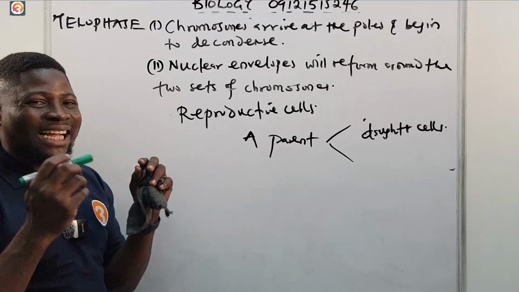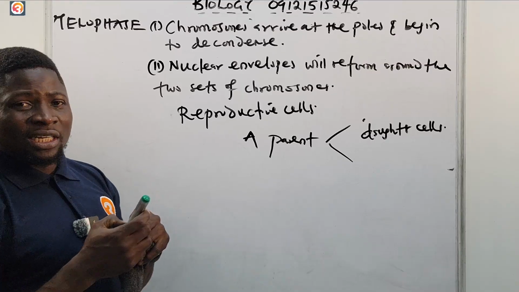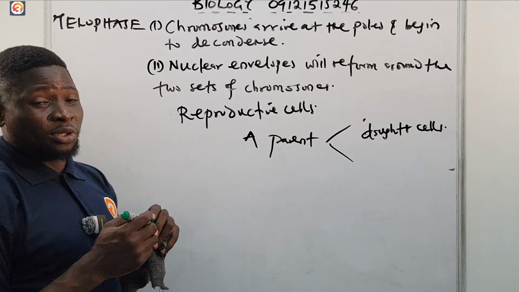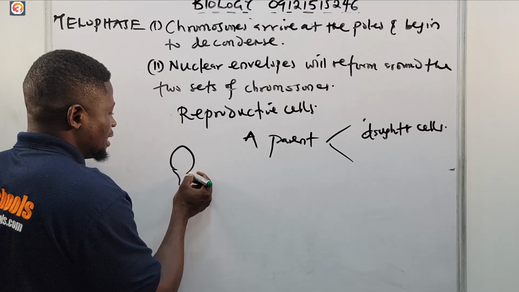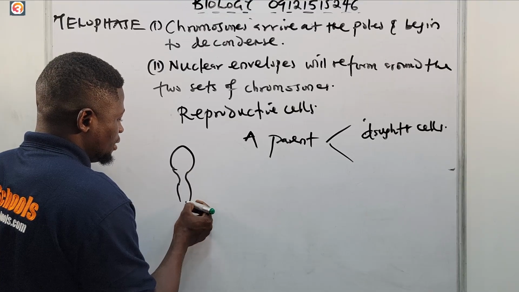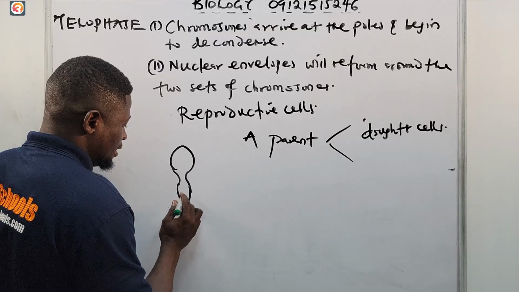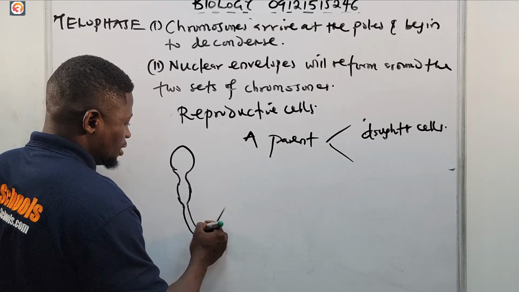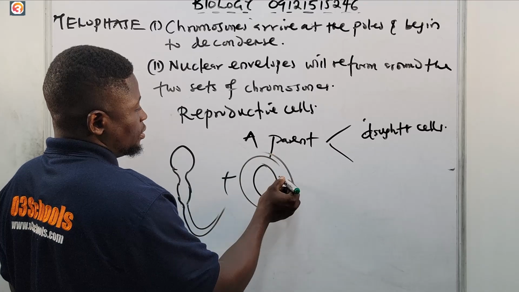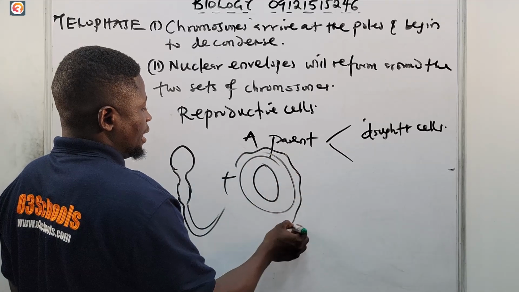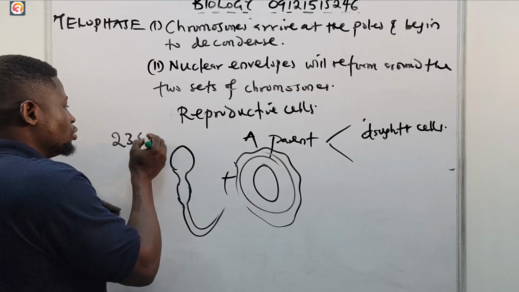There is a different kind of division that happens. Of course, we see that the reproductive cell, like your sperm, for example, looks like this. And this is your ovum.